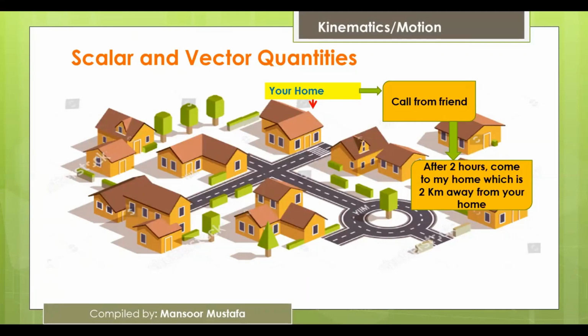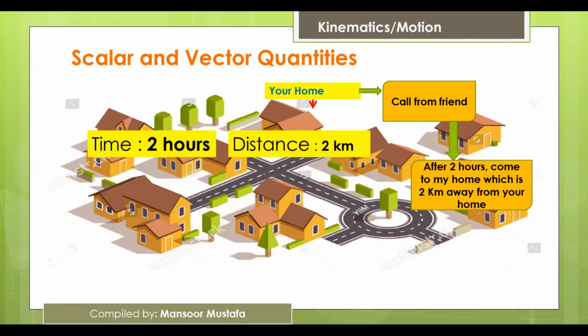You don't know where your friend lives in your town. This is the first time you're going to his or her home. The information provided by your friend is time, which is 2 hours, and distance, which is 2 kilometers. Your friend only provided this type of information to you.